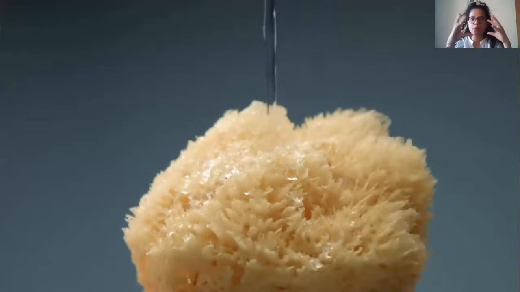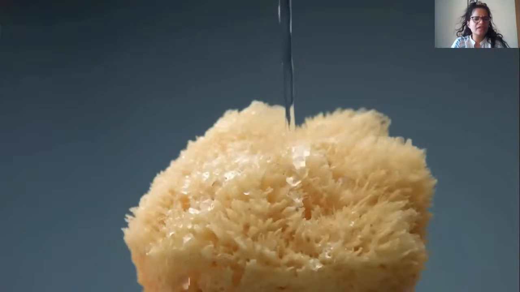If you keep pouring water on the sponge, it will keep absorbing it till a certain limit. After that, it won't absorb and the water will start flowing out, because it has a limit. So it's like a huge sponge that keeps absorbing water till it is saturated. Saturated means the point after which it cannot take any more water.